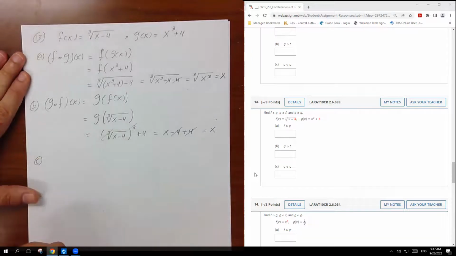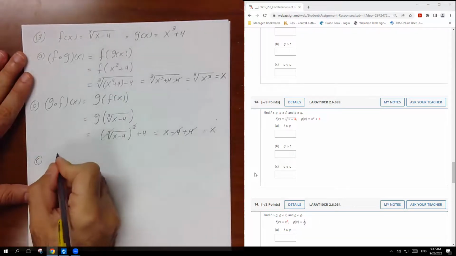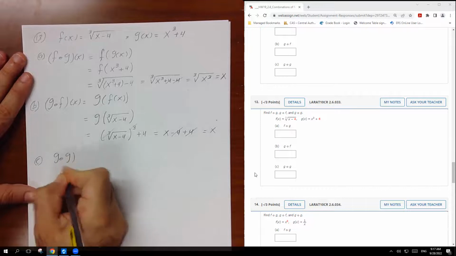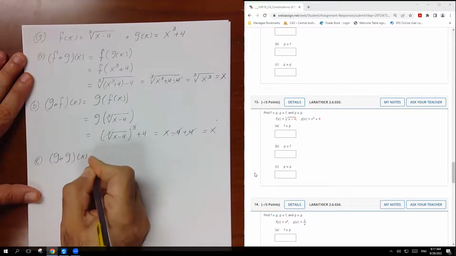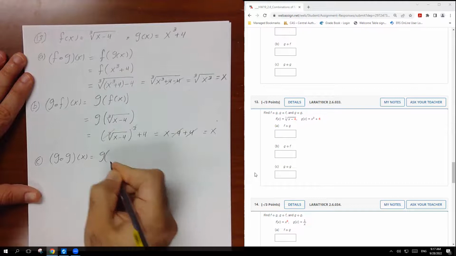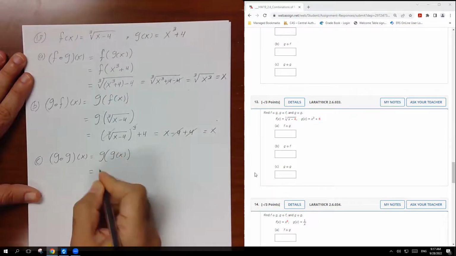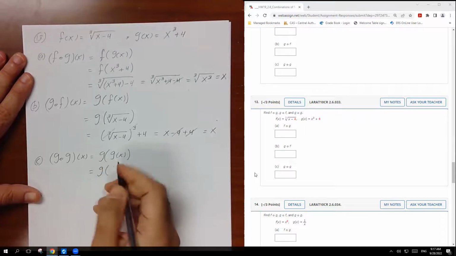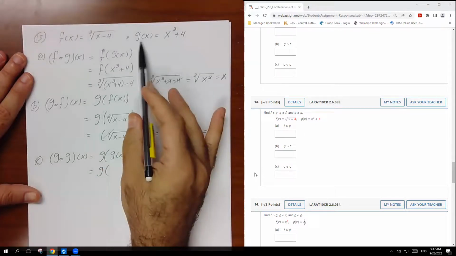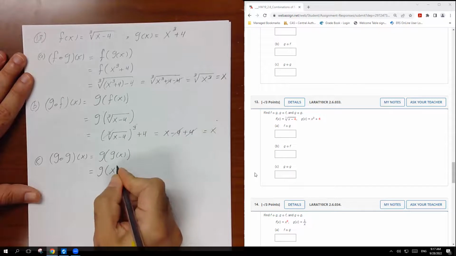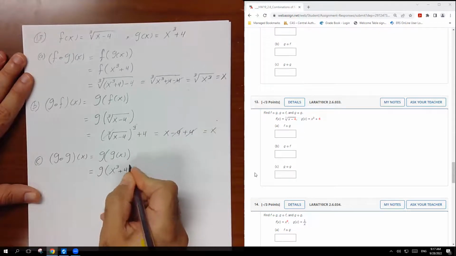C is going to be G composite with G itself for X. It's going to be G out, and G of X inside. Now here's G of X, which is X cubed plus 4.